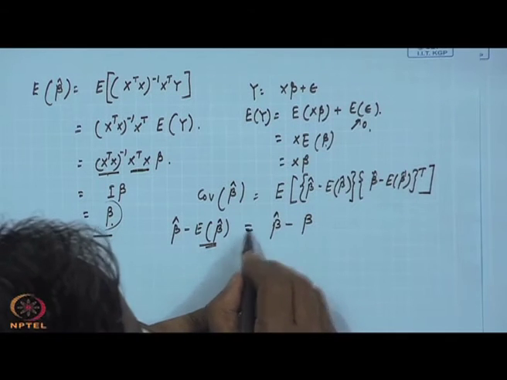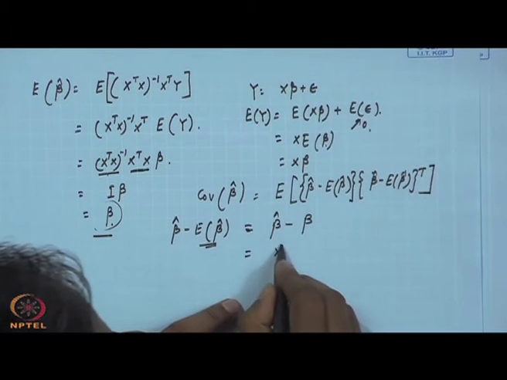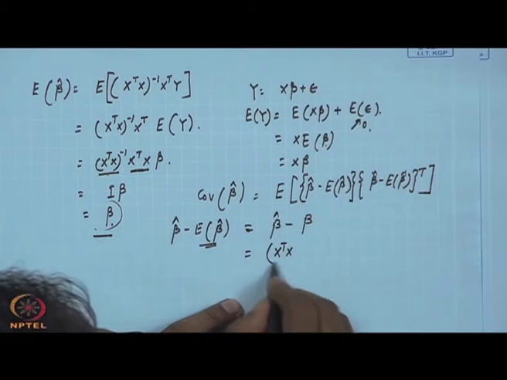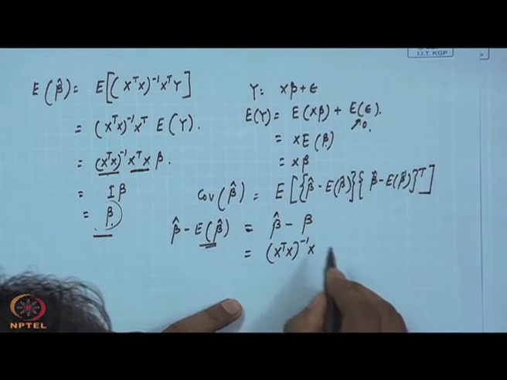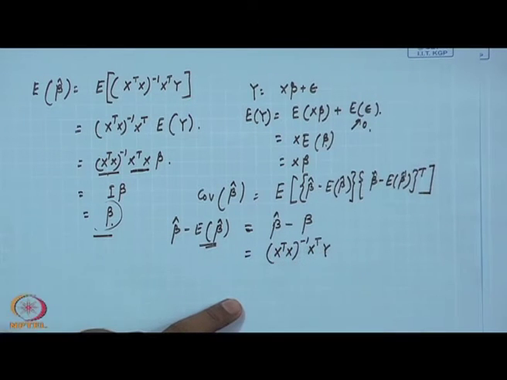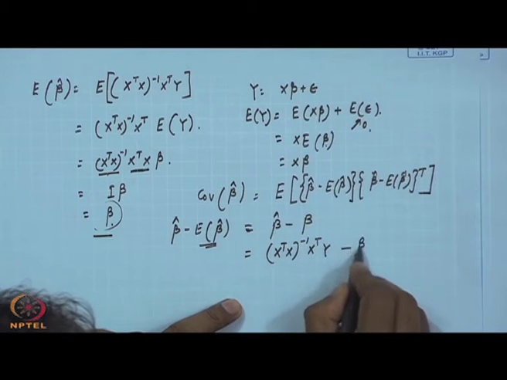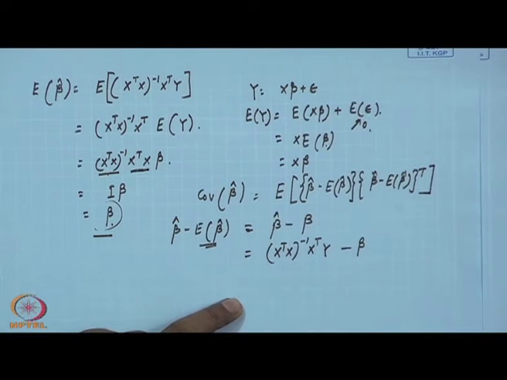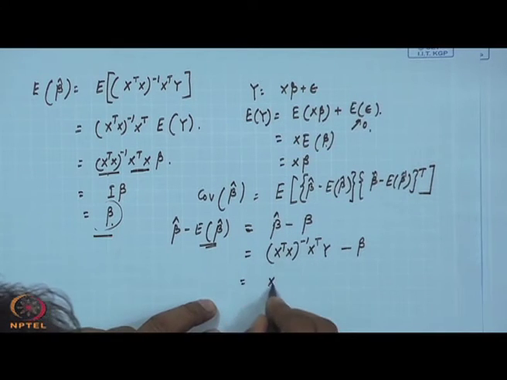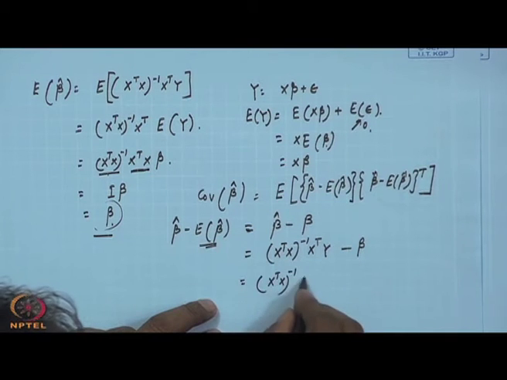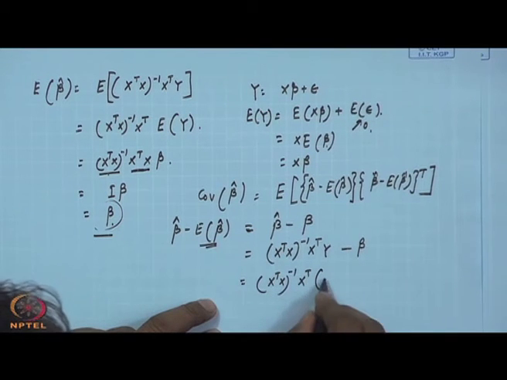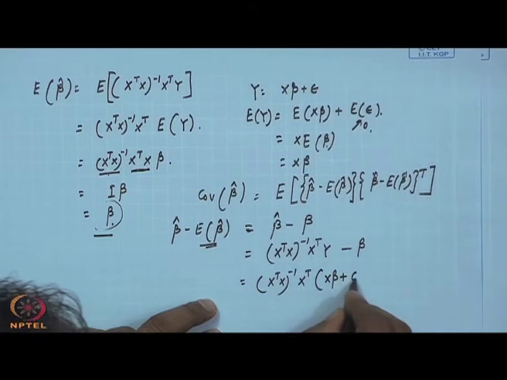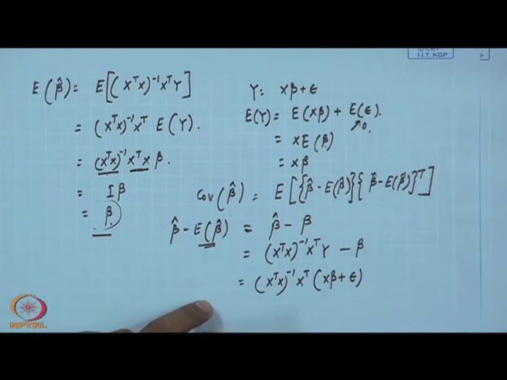So, beta cap is x transpose x inverse x transpose y, minus beta. Yes. Then you put here x transpose x inverse x transpose y is x beta plus epsilon, minus beta.